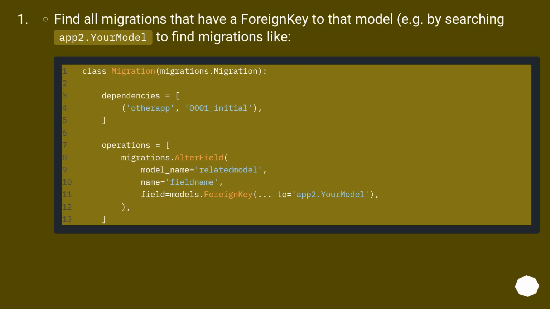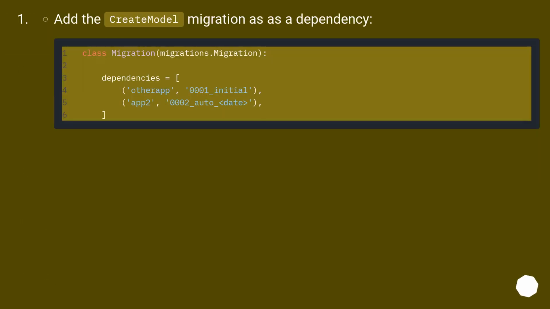Find all migrations that have a foreign key to that model, for example by searching app2.yourmodel to find migrations like this, and add the create model migration as a dependency.